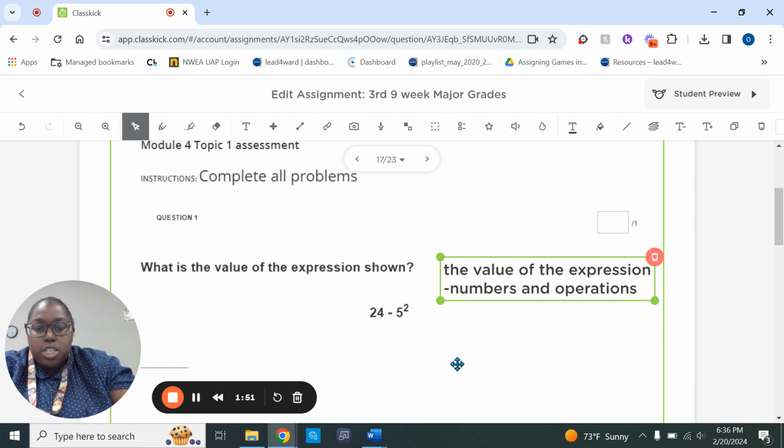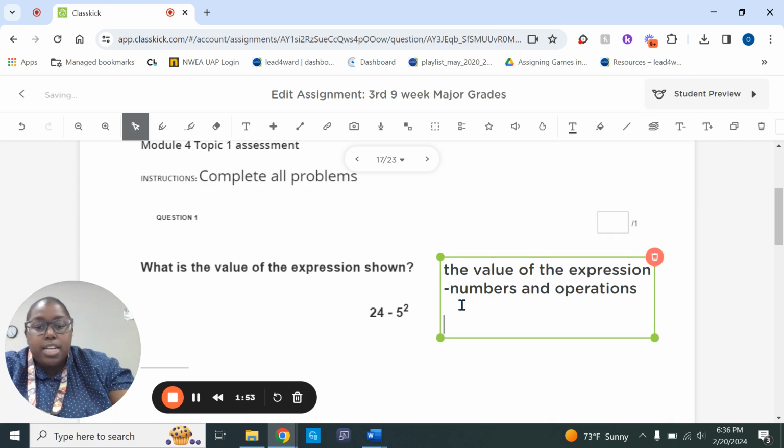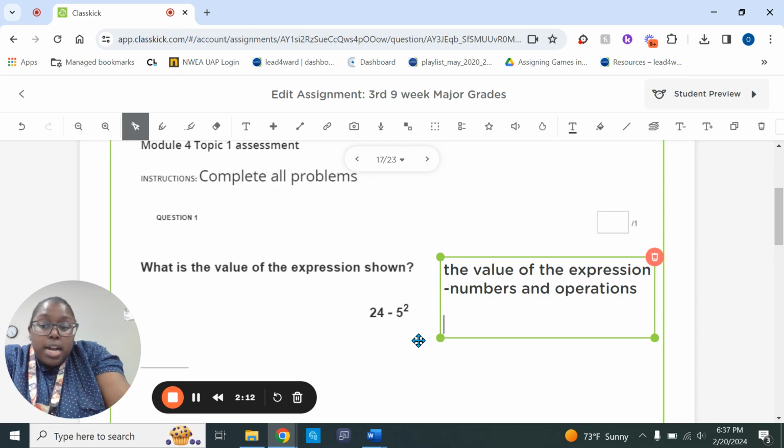Now, looking at this expression, now that we know what we're finding, what do I need to do it? Well, first I need numbers and operations. So here we have 24 minus 5 squared. So I have numbers and I have operations. Next, since it looks like I have more than one operation, what are we going to use to solve this problem? Well, when we have more than one operation, you use PEMDAS.